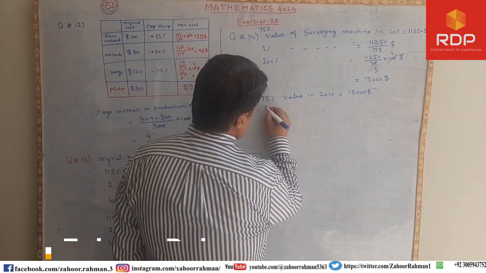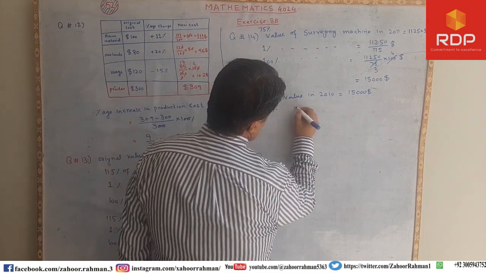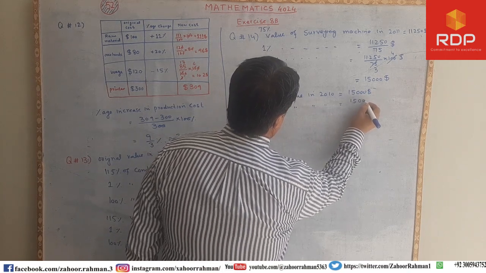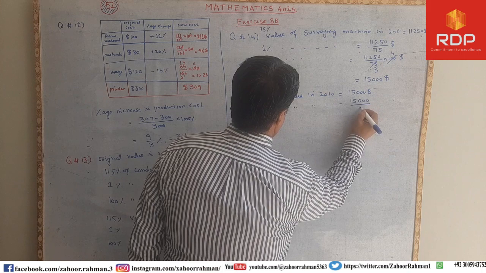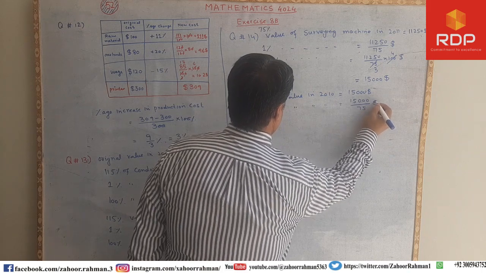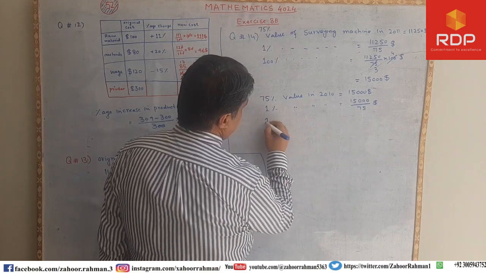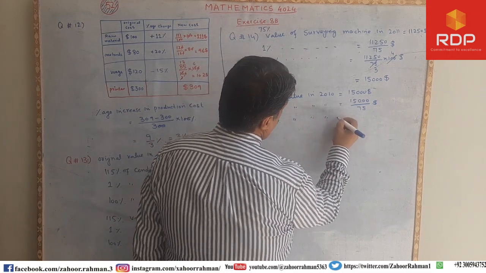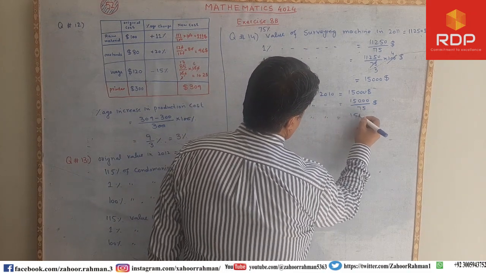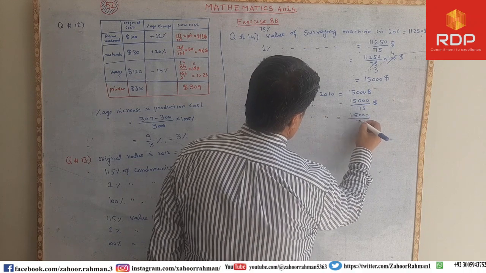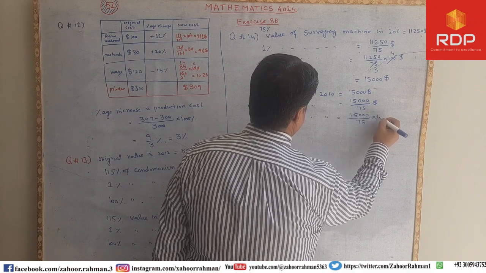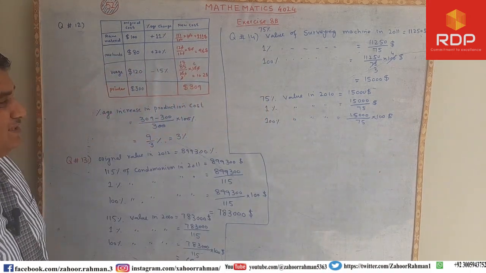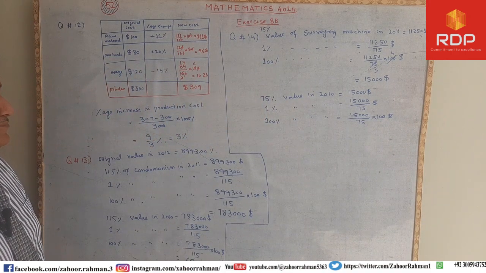Now we have to find the 1% value in 2010, which will be 15,000 divided by 75, and 100% will be the original value in 2015, and that is what the question is asking. So 100% will be the value here.